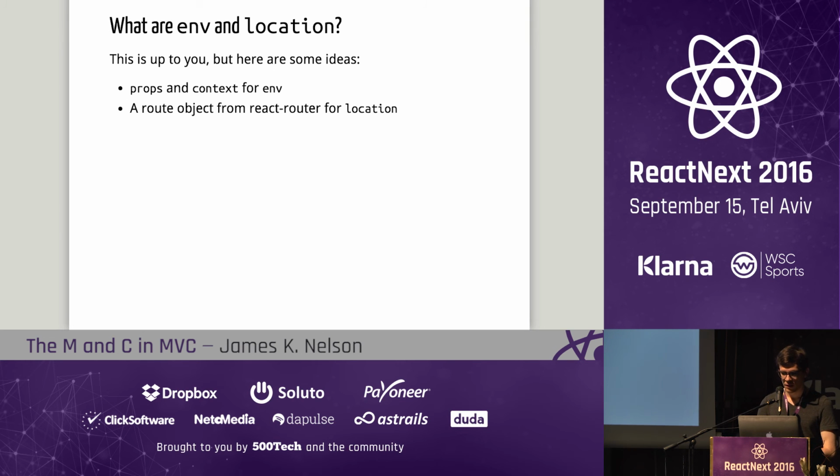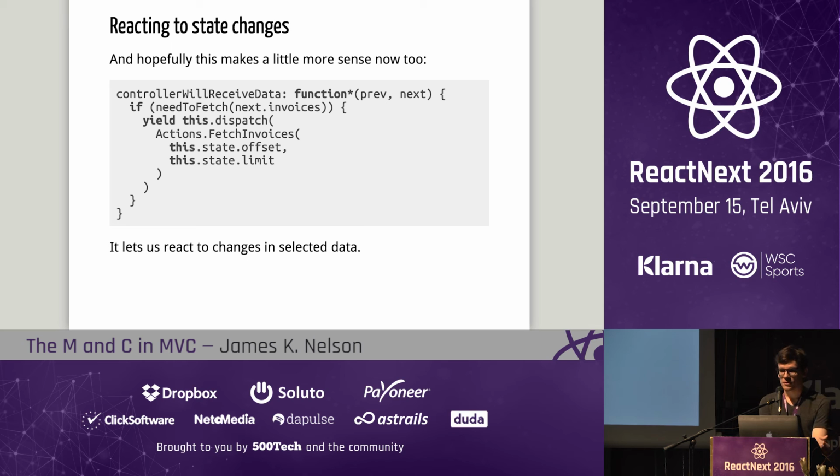But going back to the options for CreateController, hopefully this is also going to make a little bit more sense now. Maybe not completely make sense yet, but the controller will receive data, our lifecycle method. Basically what that does is every time the data selected by connect changes, this gets called.